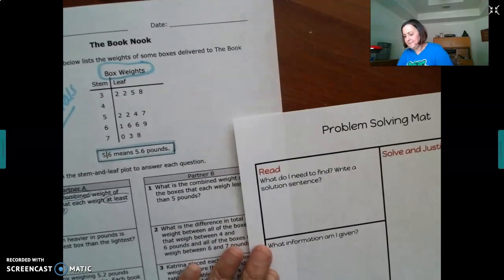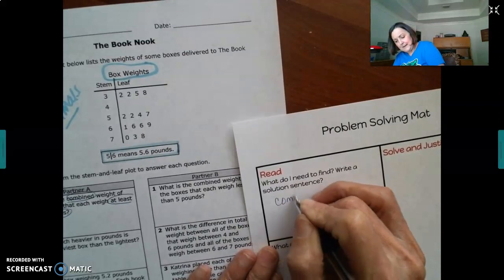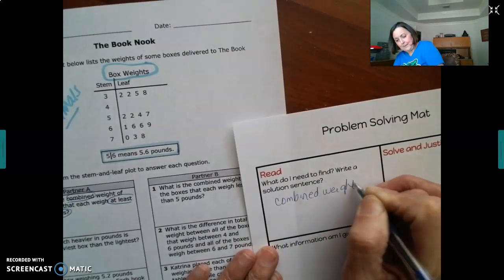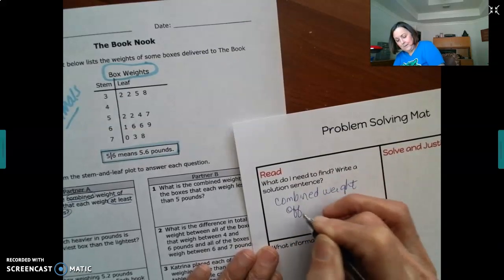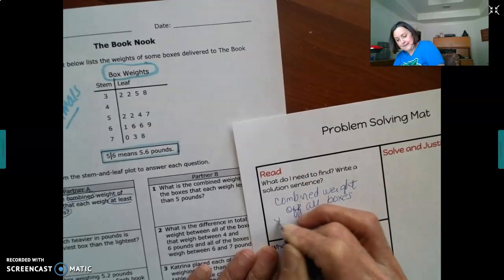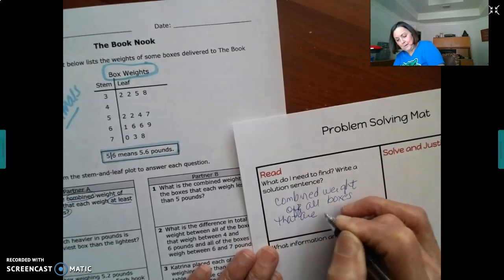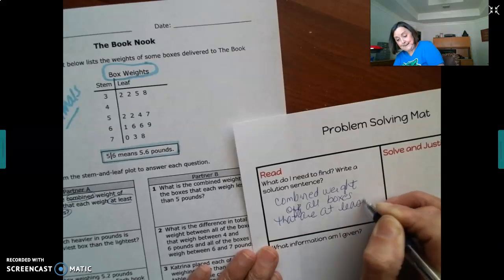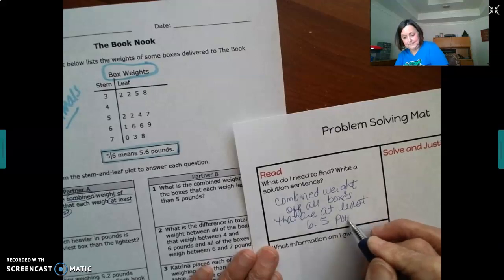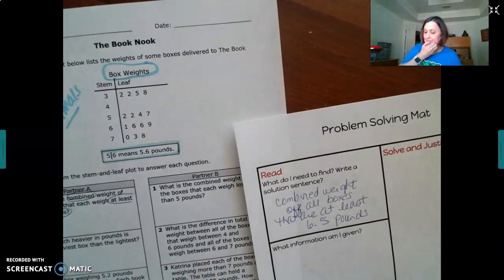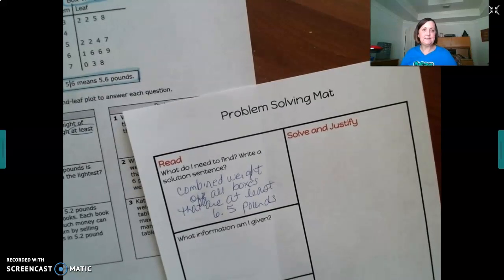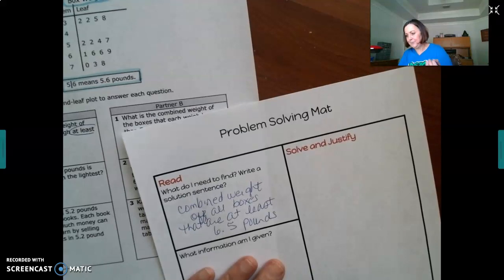So what do we need to find? We need to find the combined weight of all boxes that are at least 6 5/10 pounds. I'm going to write a solution sentence over here.